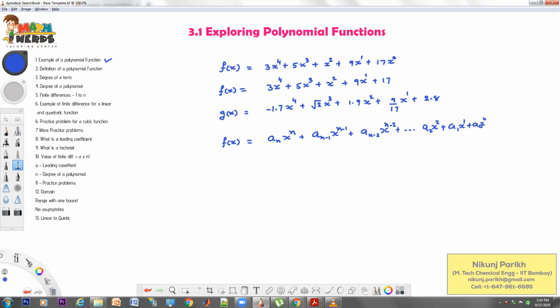Now, of course, this x raised to 0 is again 1. So I can simplify the last one.